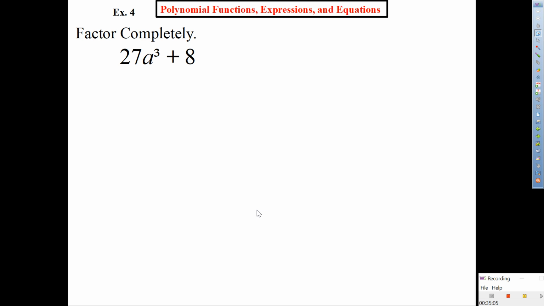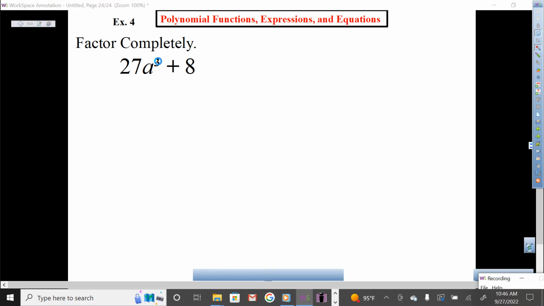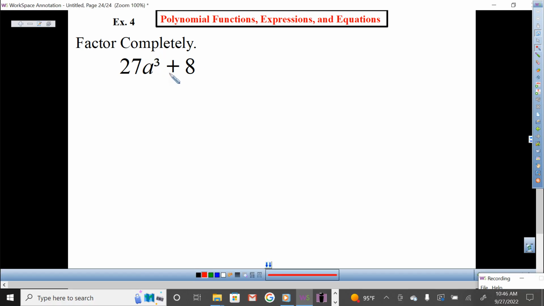All right? Standard form? Yes. Is there a GCF? No. Okay. But what is a red flag here, guys? That it's a cubic, right? And here we have a positive. We do have an identity with cubes and a positive, but let's double check. Can we take the cube root of that and tell your neighbor how to rewrite that, please?